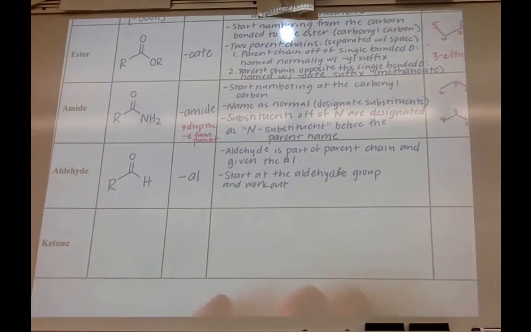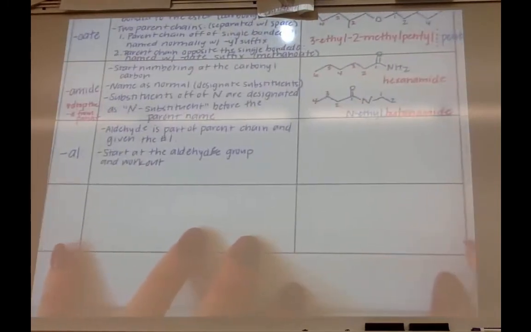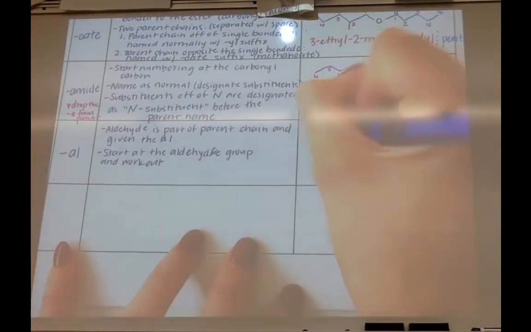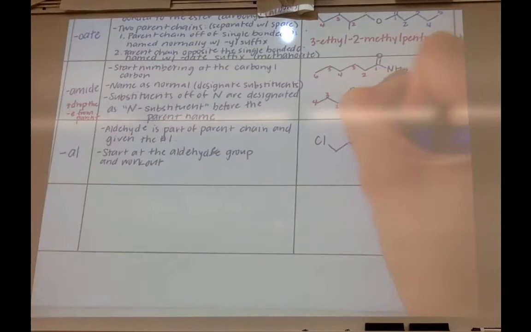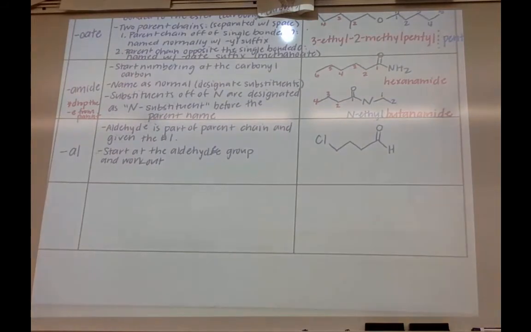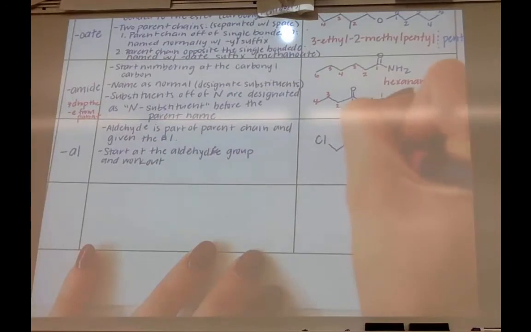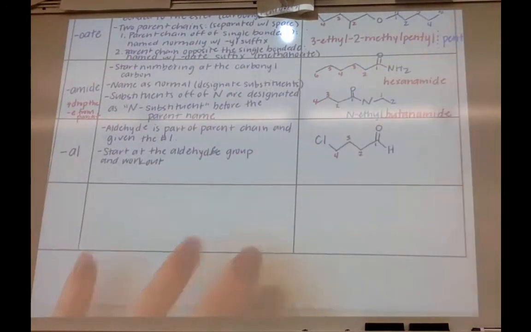So an example, I'm going to scoot this over so you can still see the rules. Let's look at this example. The first thing you're always doing is you're looking for your longest parent chain. The carbonyl carbon within the aldehyde gets the number 1. Always, no matter what. You work out from there. So if we're looking at the parent chain first, 4 carbons is what?